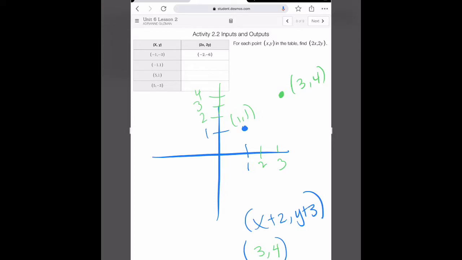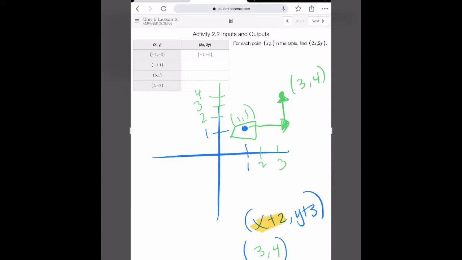So what kind of transformation did this original point here go through? Well, it was a translation because it slid to the right 2 times. Wait, I've seen a 2 before. Yeah, we saw that here. We went to the right 2 times, and then I went up 3 times.